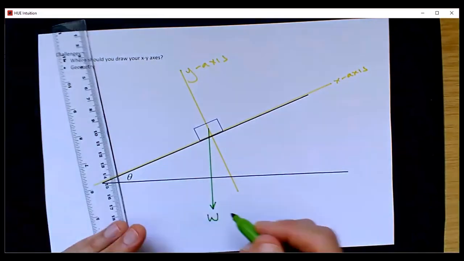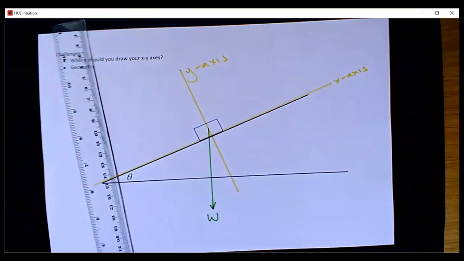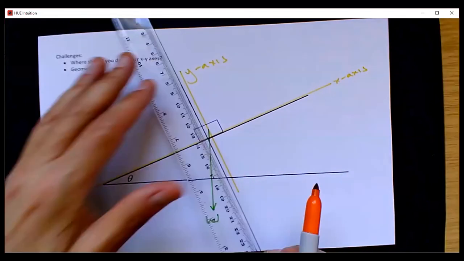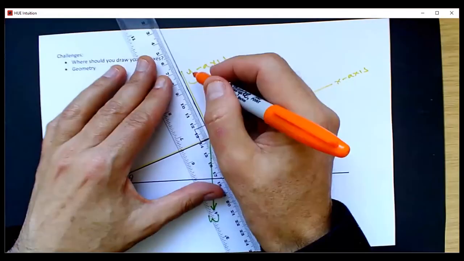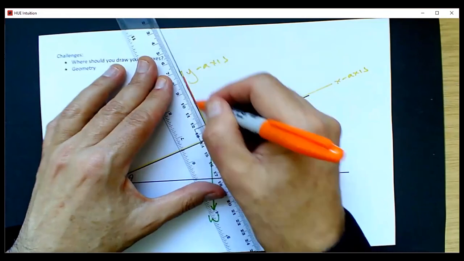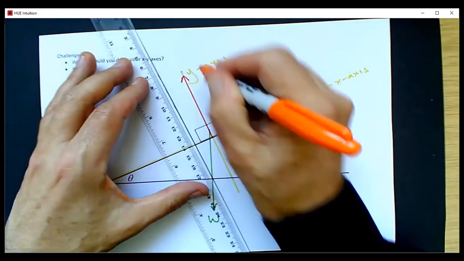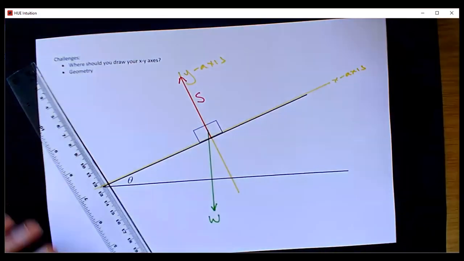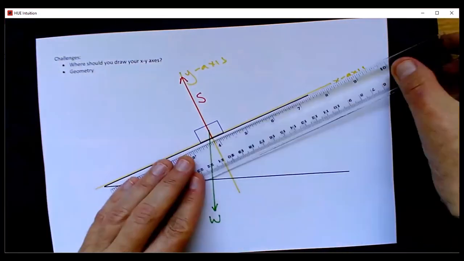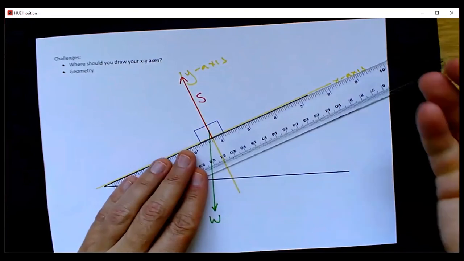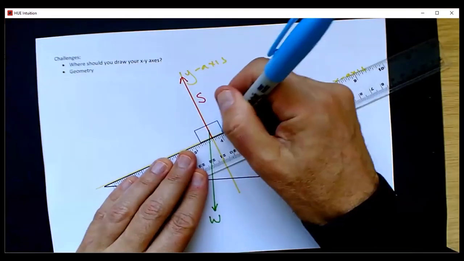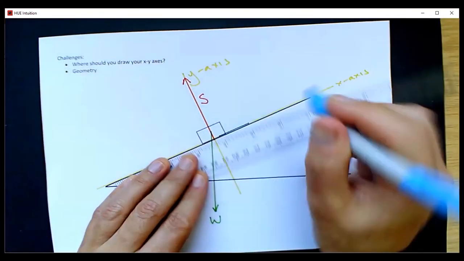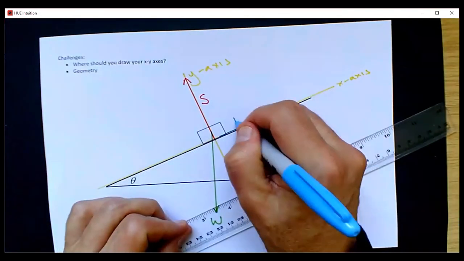I'll label that W. The support force is along the y-axis. So I'll go over the top of the axis to draw that. And that is our support force, which I will label S. And our frictional force is going to be heading up the x-axis from the object. And I'll label that F.